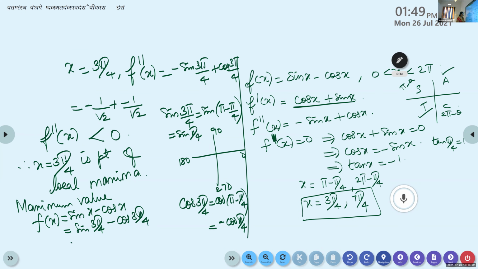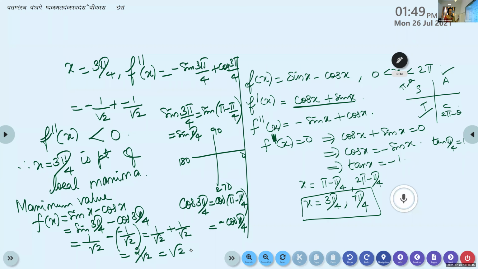Sine 3 pi by 4 we got as 1 by root 2, and cos 3 pi by 4 is minus 1 by root 2. So we get 1 by root 2 plus 1 by root 2, which is 2 by root 2. So it is root 2.